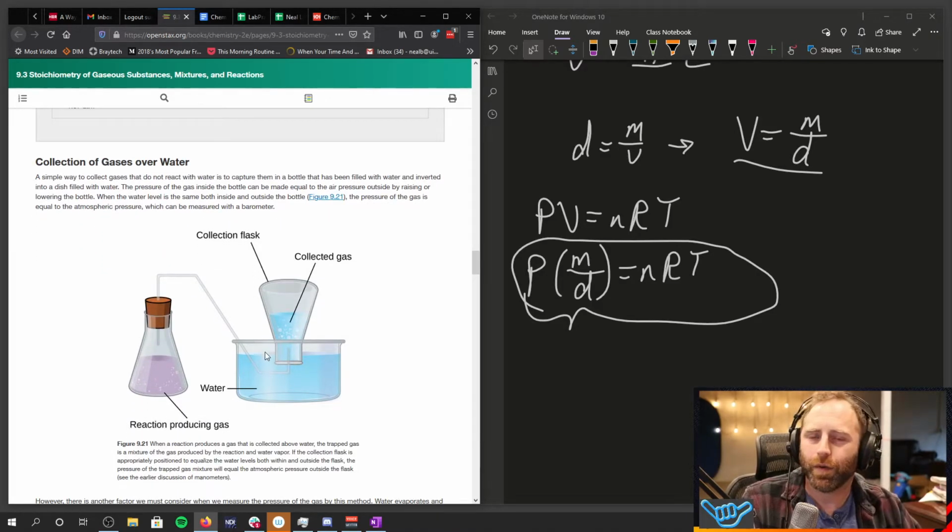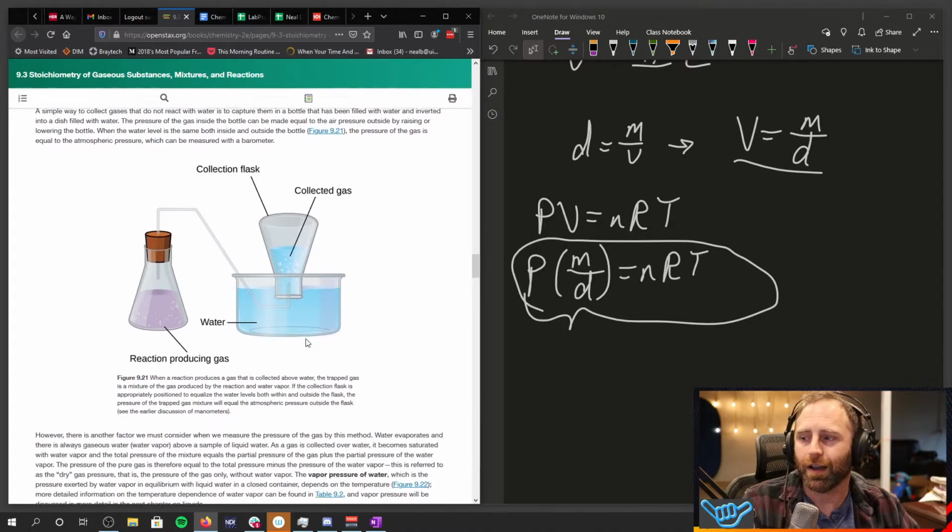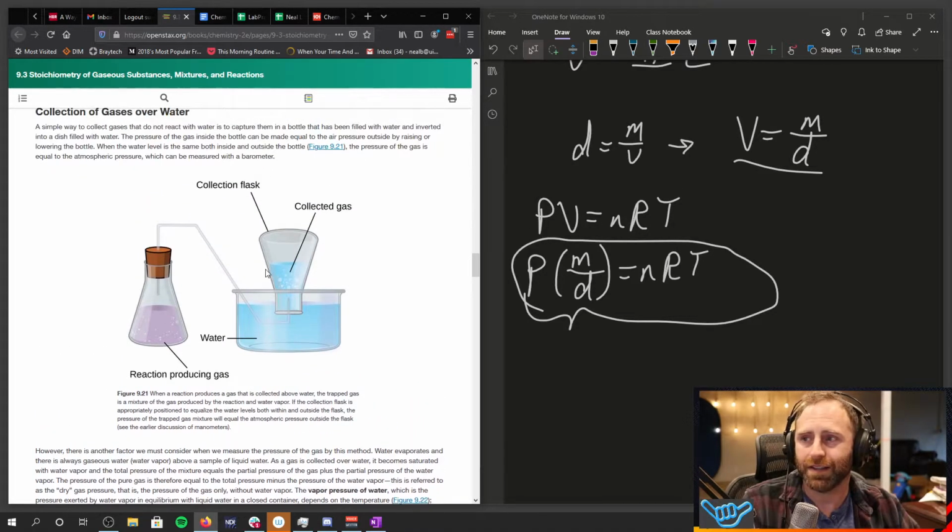Now, one of the ways that you can collect a gas sample is this little apparatus here. You had a homework problem that was associated with collecting a sample of gas over water. Well, this is what it means by collecting it over water. The punchline of this is, you have some kind of chemical reaction that's occurred here. It releases gas.